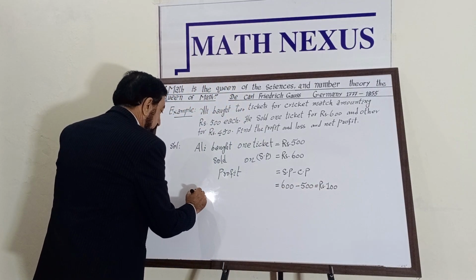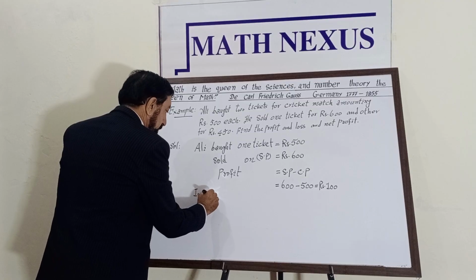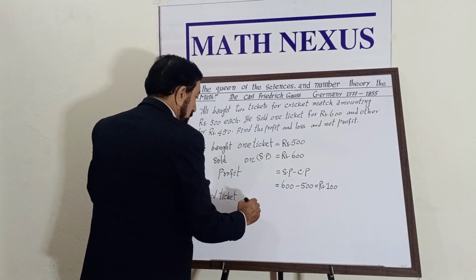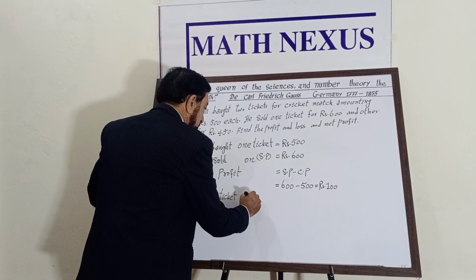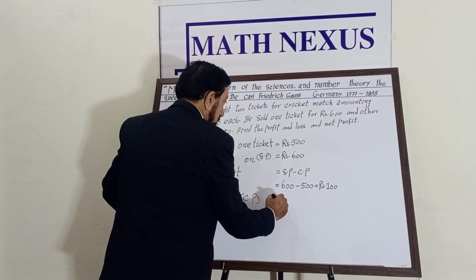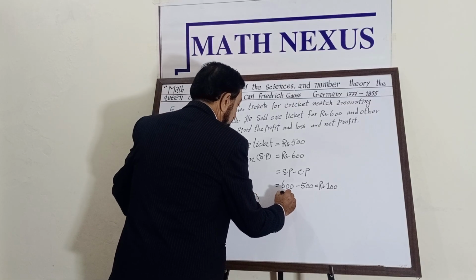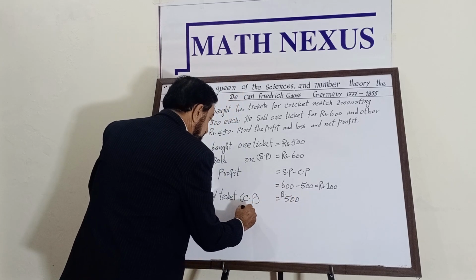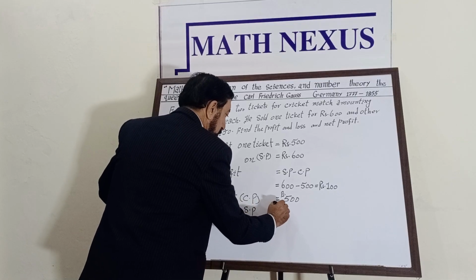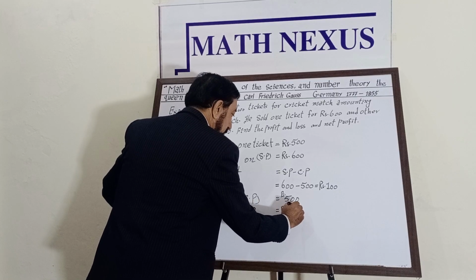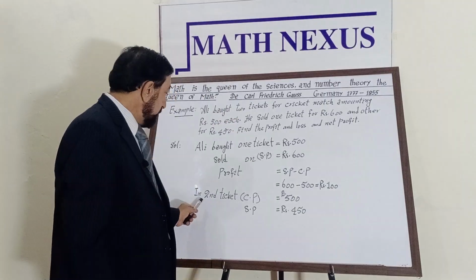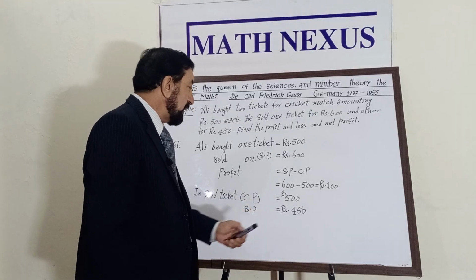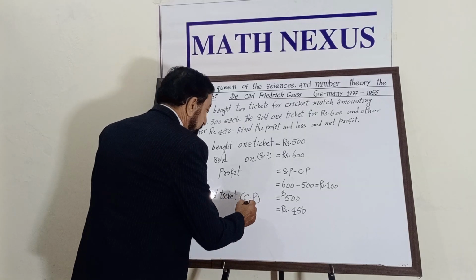In the second ticket, cost price is equal to 500 and sale price is equal to 450.